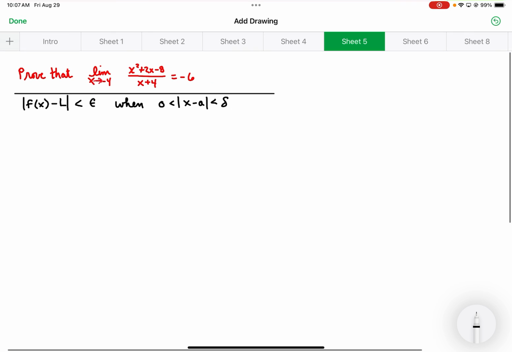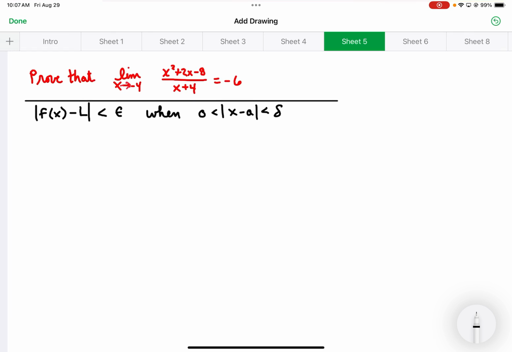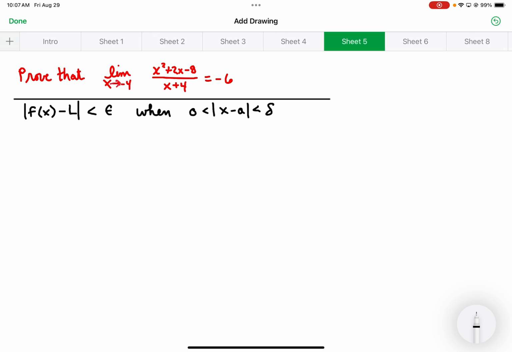Our function this time is a rational function, x squared plus 2x minus 8 over x plus 4. We want to show that the limit as x approaches negative 4 equals negative 6. Let's plug in what we know.